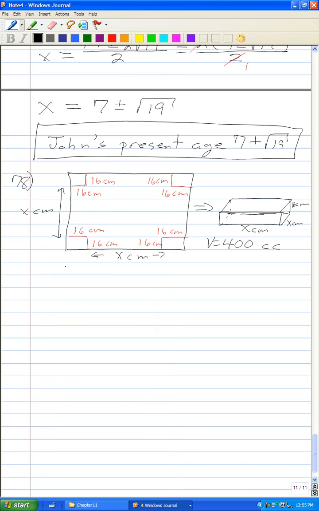Therefore, this whole length is x plus 32 centimeters. And so that's x centimeters. And this whole length here is again x plus 32 centimeters.